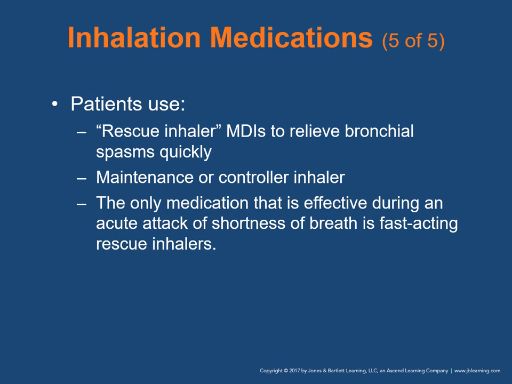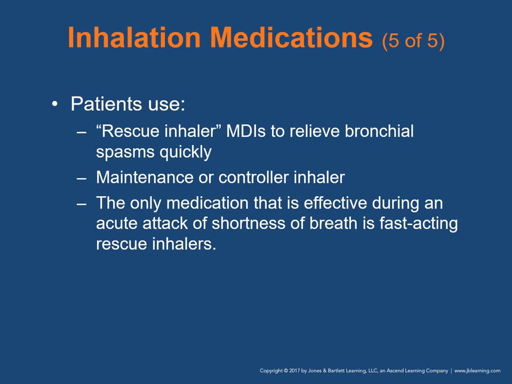Respiratory patients may also use a maintenance or control inhaler. These are slow-acting and meant to be taken regularly, and they're not useful for a patient suffering acute respiratory distress. Some examples of those would be Flovent Diskus, Pulmicort, Asmanex, or Qvar, Alvesco, and these patients may be prescribed several types of MDIs at once.